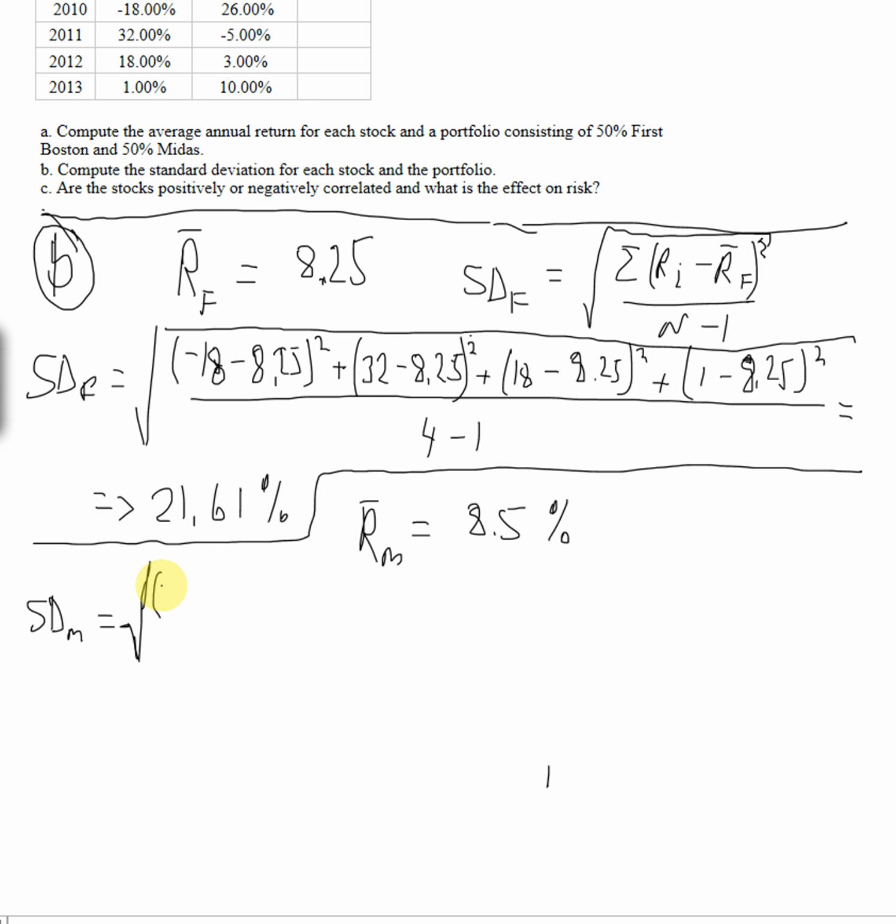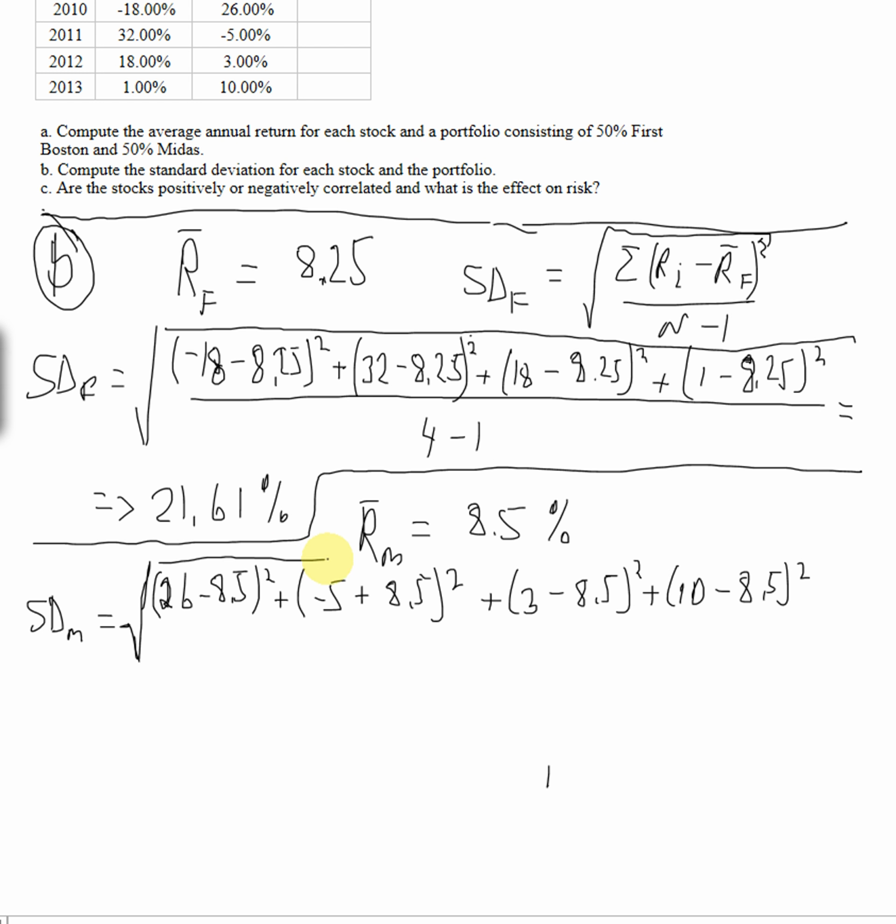The first one is 26 minus 8.5 squared, plus minus 5 minus 8.5 squared, plus 3 minus 8.5 squared, plus 10 minus 8.5 squared, and as usual we divide by 4 minus 1. 4 is because there are 4 years here.